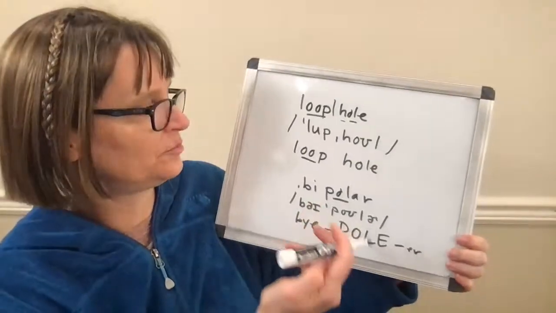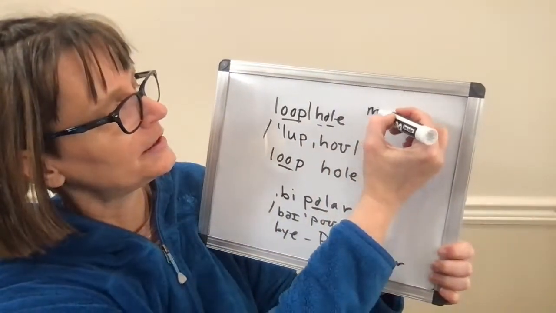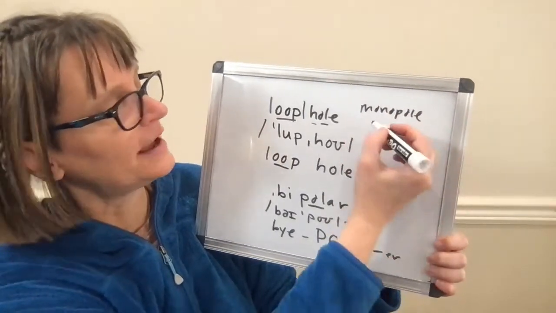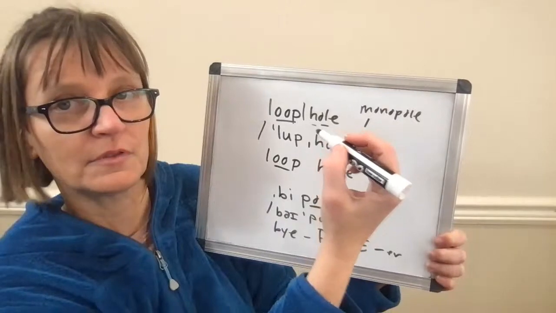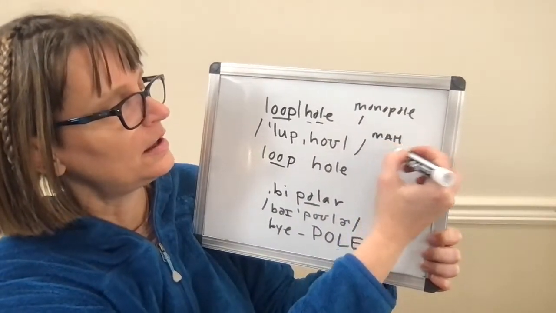So just briefly, if we're going to do loophole, bipolar, and monopole, I would write it just like Google did. I would probably say pole.